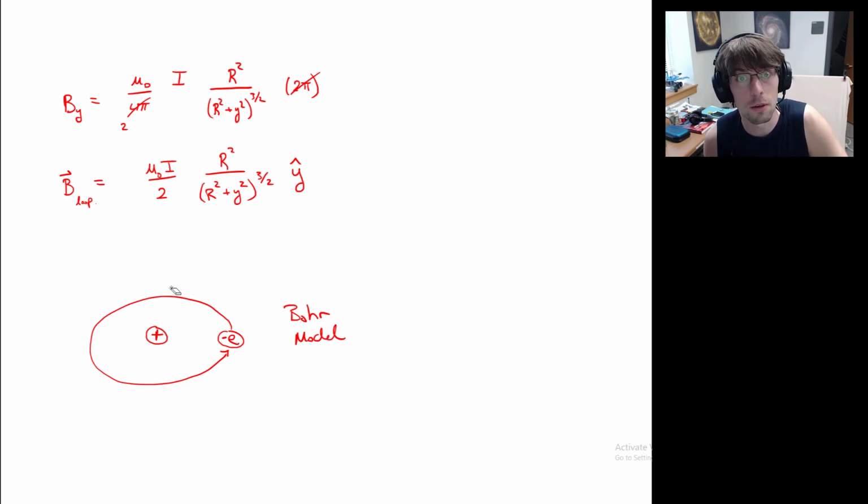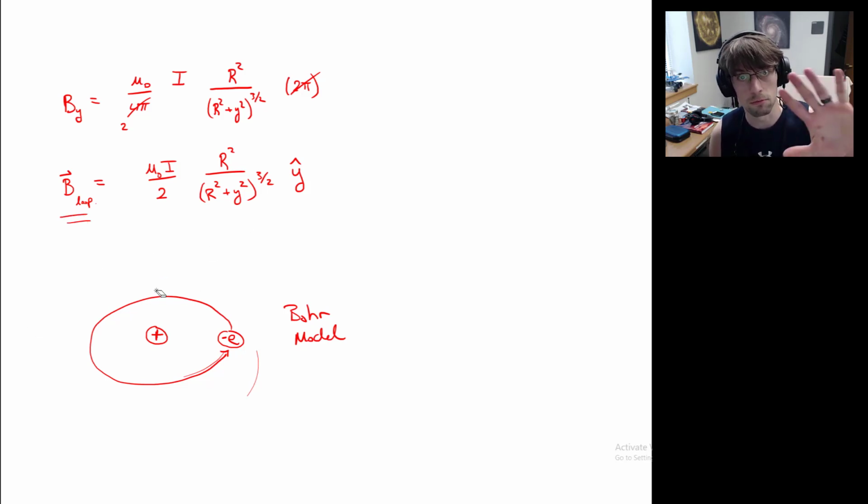You have the electron moving in a circle around the nucleus. That electron is essentially a current, right? You have a charge which is moving through space that generates a current, which means the motion of this electron around the atom is generating a magnetic field.